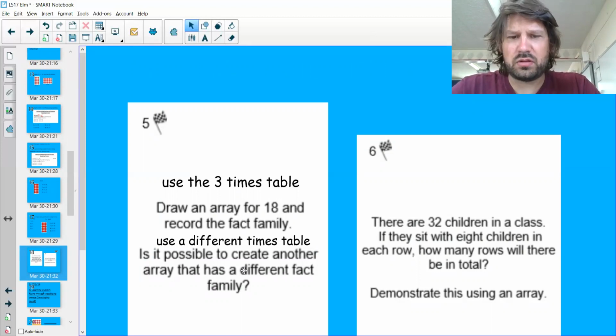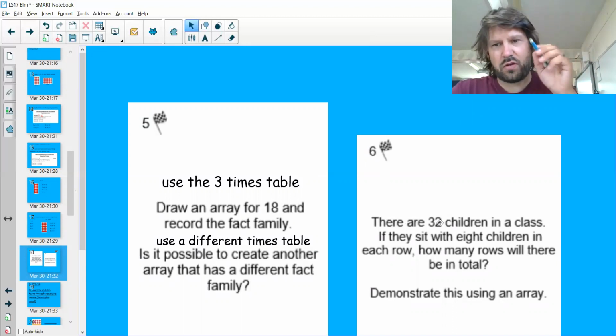Is it possible to create another array that has a different fact family? Question 6: there are 32 children in a class. If they sit with 8 children in each row, how many rows will there be in total? Demonstrate this using an array.